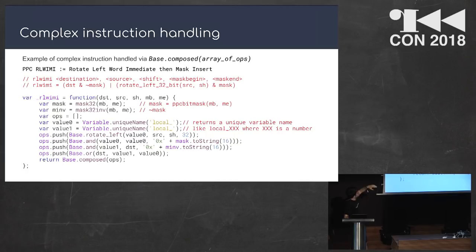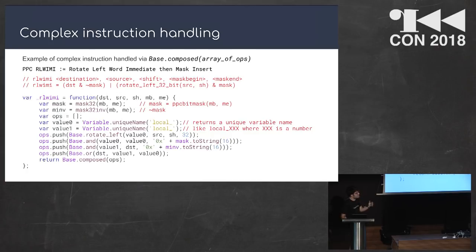It has a bunch of inputs like a destination, source, the shift number, the mask begin and the mask end, which are numbers. From mask begin and mask end, you get a mask. What the instruction does is take this mask, AND it with the destination, and everything goes in OR with the result of the rotate left instruction, and that goes also in the mask.